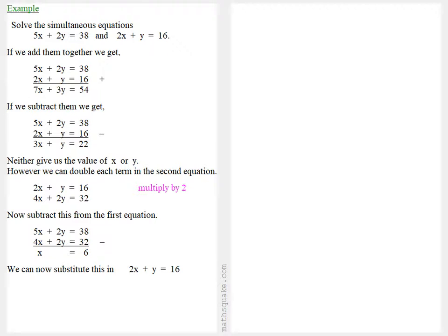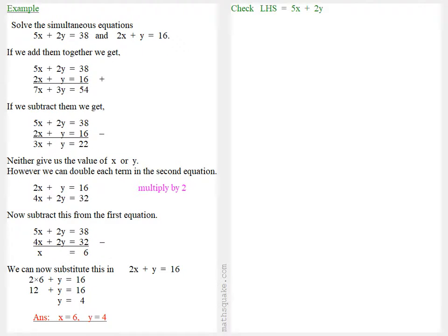Now we can substitute that into one of the equations, say 2x plus y equals 16, and that gives us 2 times 6 plus y is 16, 12 plus y equals 16, and so y equals 4. So we have as a solution x equals 6 and y equals 4.